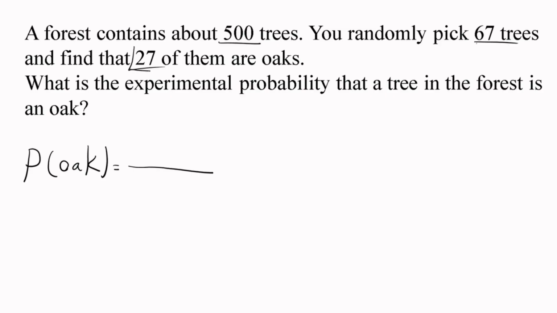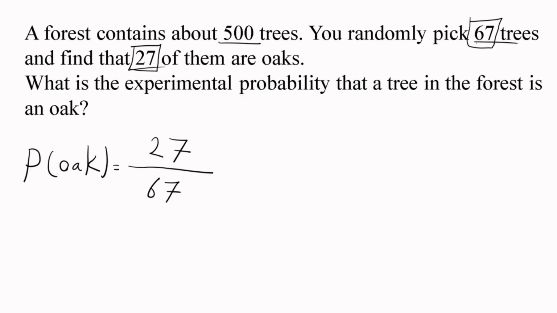As you can see, 27 of the trees are oaks. 27 is gonna be in the numerator. How many trees did we pick in total? This is the number of times that the experiment was conducted, over 67. And this is the answer of this example.